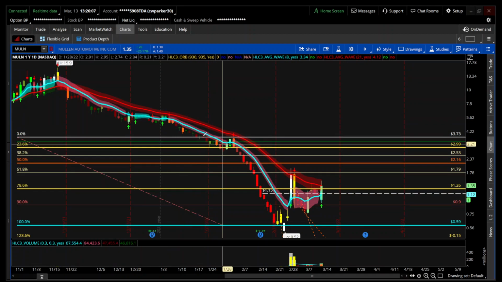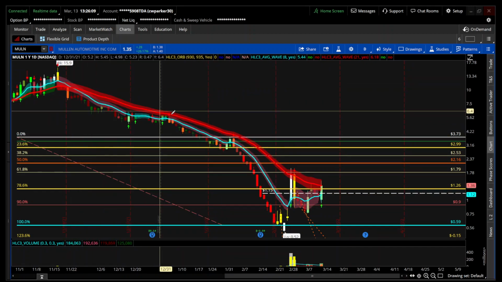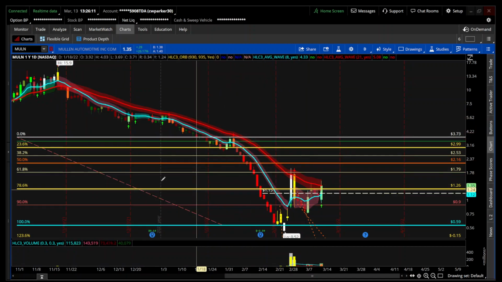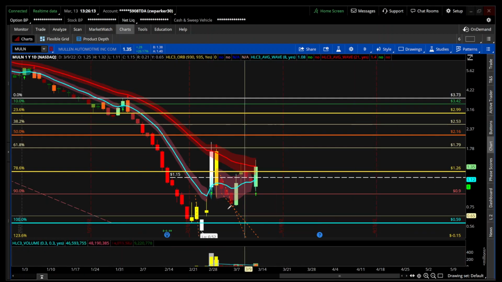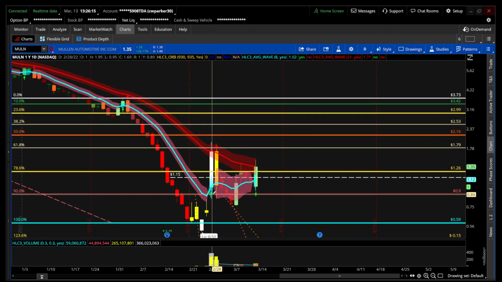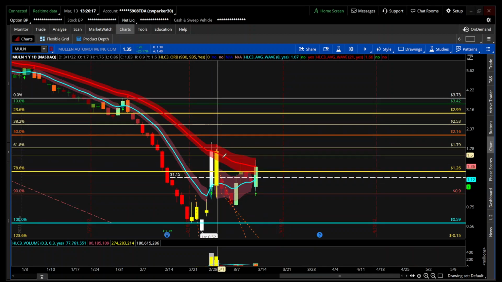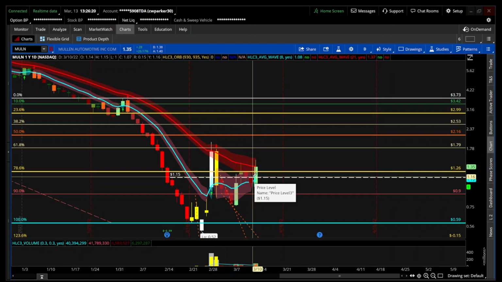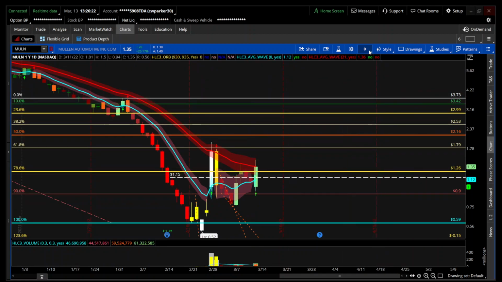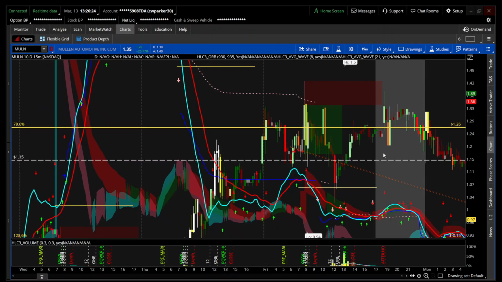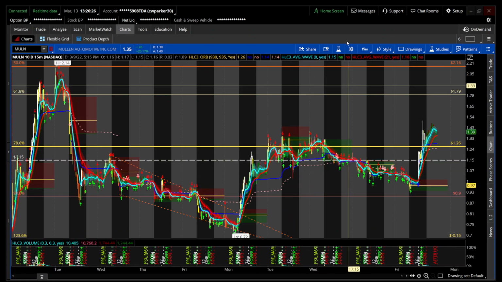But it's giving you this whole entire 21 has been red, and it's still red. Even on the 8, you got some buying going on, but it couldn't surpass this 21. But I can tell you right now, it looks good on this lower time frame.